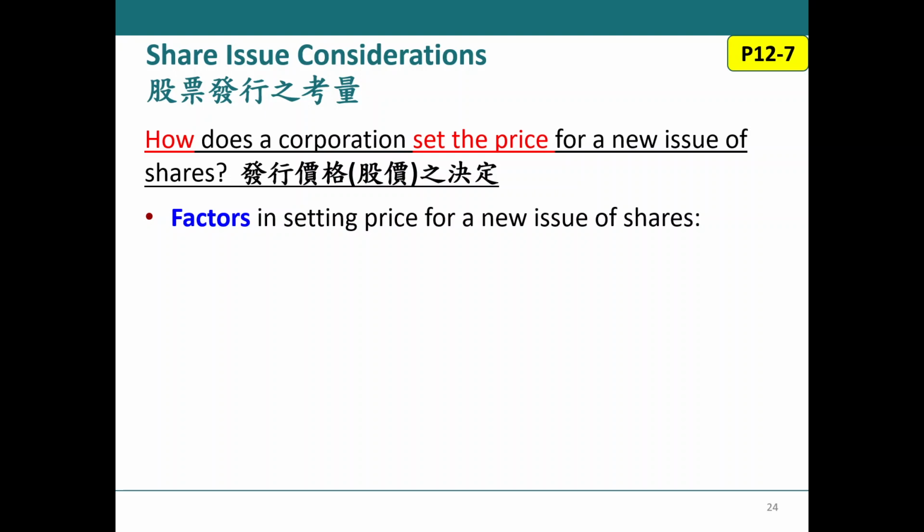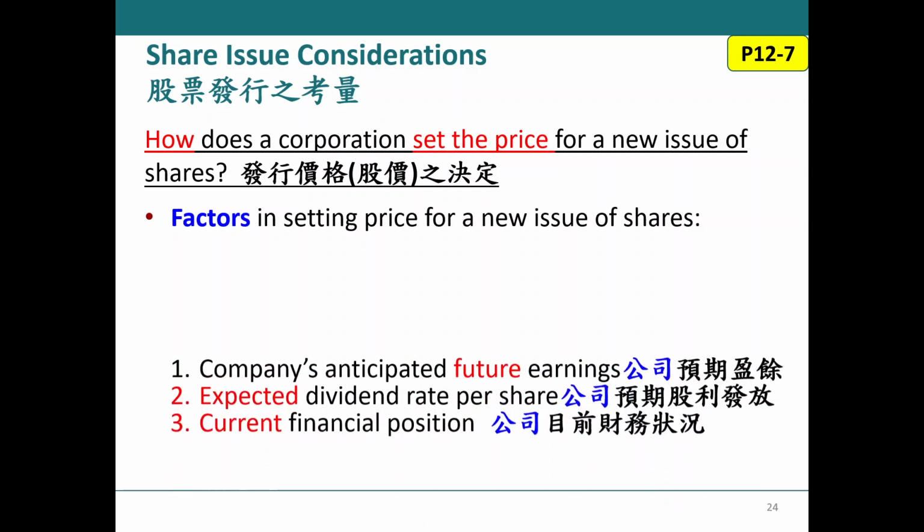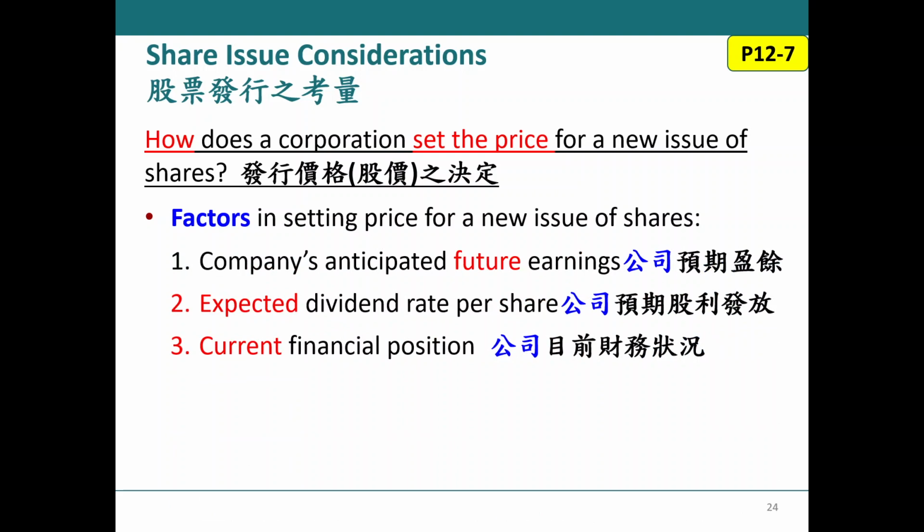But the basic factor should be, of course, the company, right? If you have a good company, and you think the company will have better profit next year, then of course your company's share price should increase, right? When your company will have good performance in the future. So the first major factor should be the company.